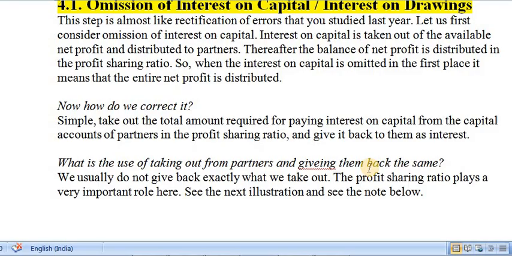Now the next step is to take out what was given to them. That means debit the partner's capital, and return it, or credit the partner's capital, as the second step. First step is debit the partner's capital. Second step is giving them back.